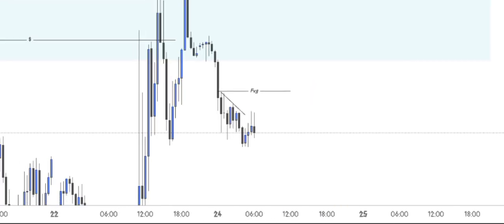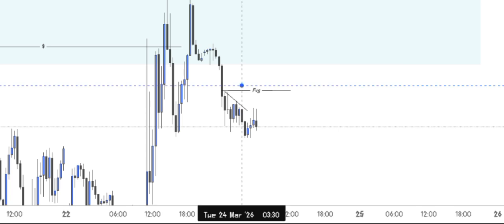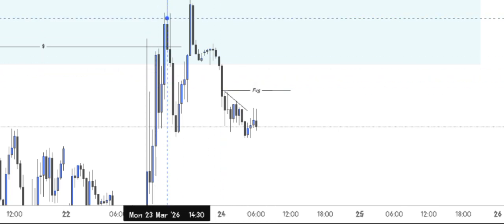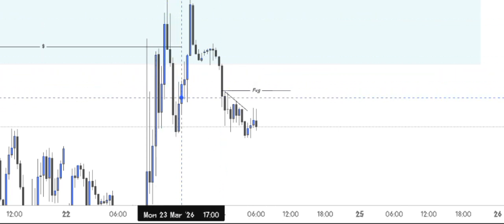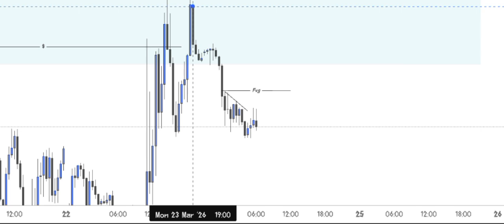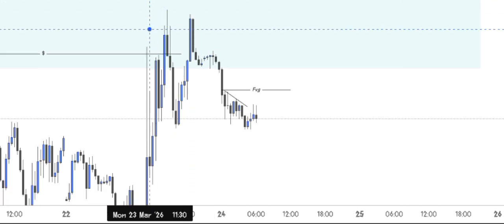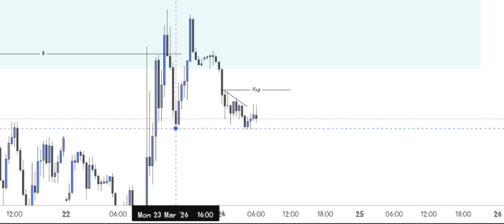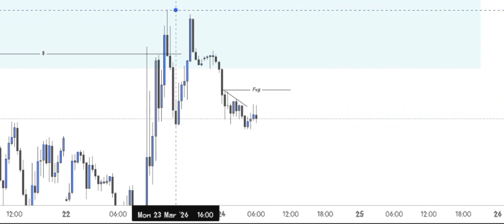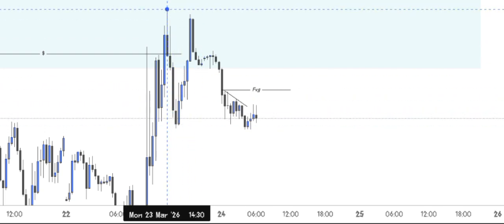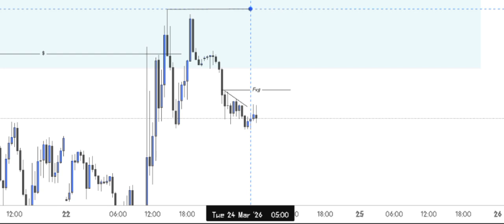Though price has actually not broken this low, price went up, higher low. Price didn't break this high right here. Price did not break it.